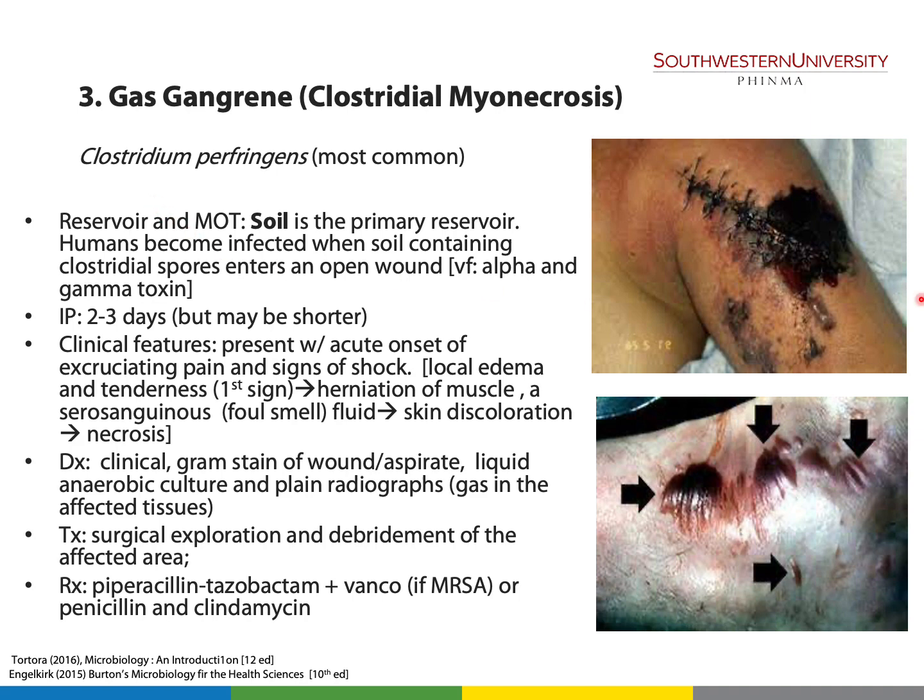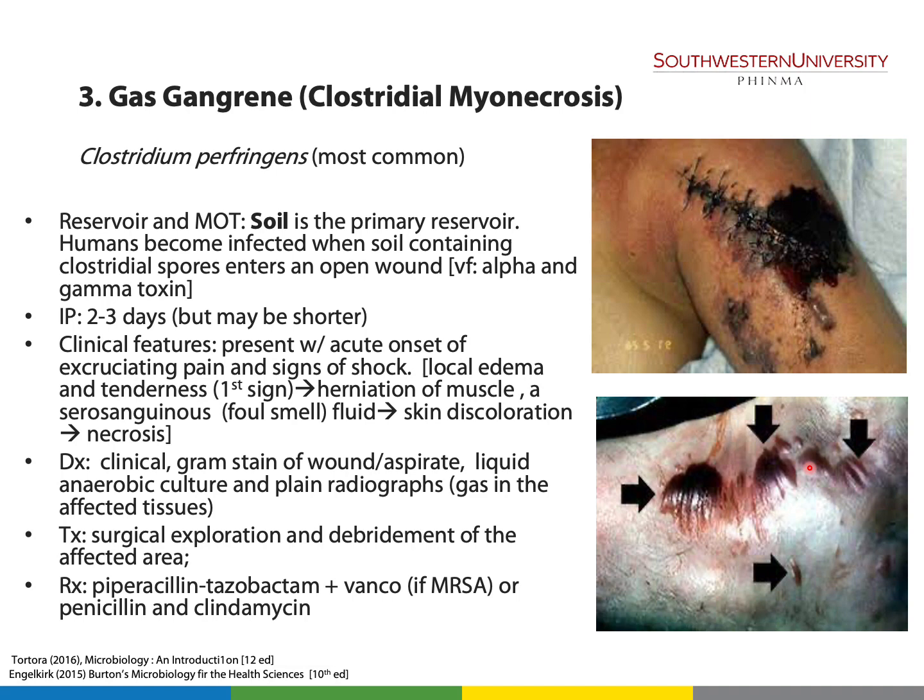Usually, Clostridial myonecrosis occurs following muscle injury and contamination of the wound by soil or foreign materials containing the spores. Remember, the virulence factors of Clostridium perfringens are alpha and gamma toxin. These toxins are responsible for destroying muscle and soft tissue, allowing deeper penetration of the organism.